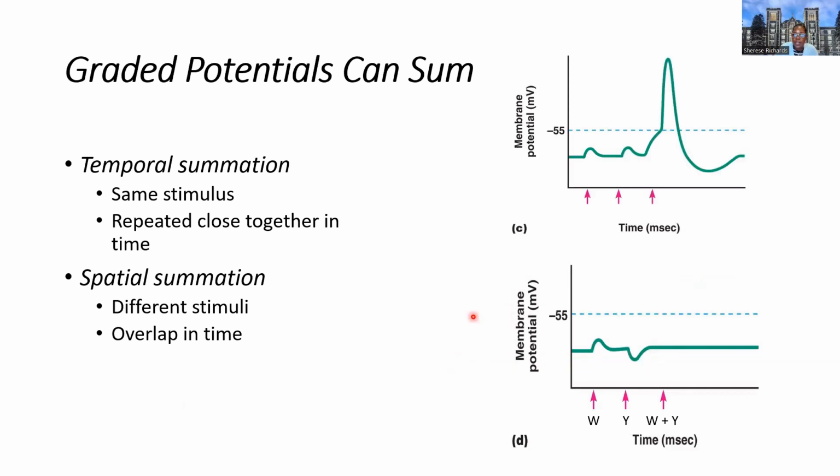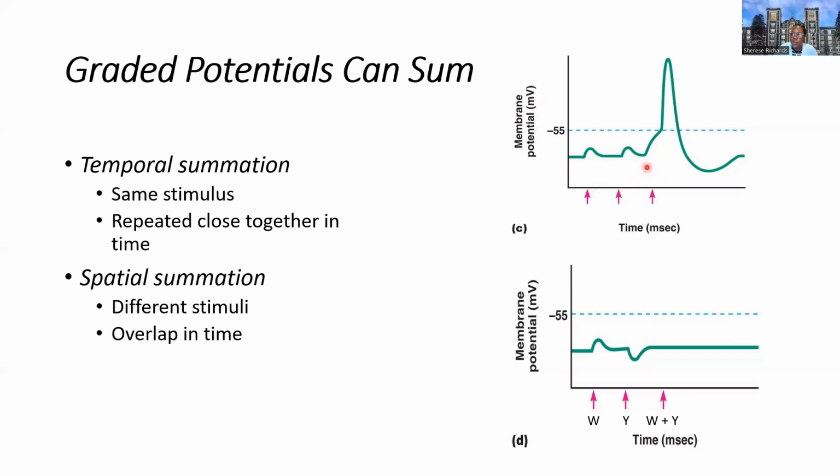Now we can think about temporal and spatial summation. These are two mechanisms to add smaller graded potentials, and this can help us achieve that threshold -55, depending on the number and type of events that we have preceding, the number and type of graded potentials.